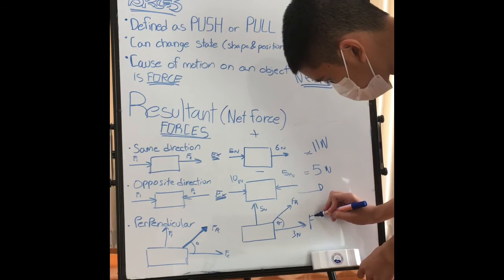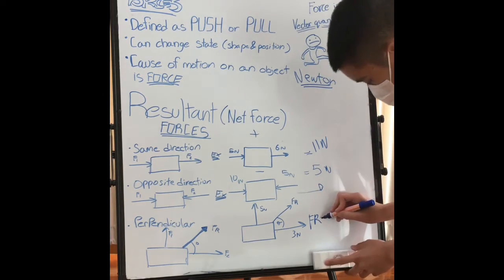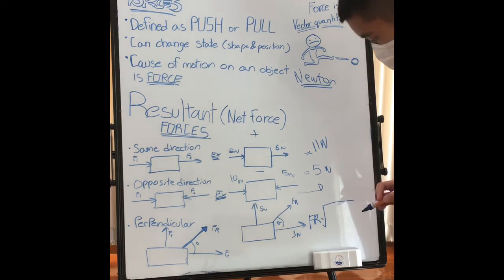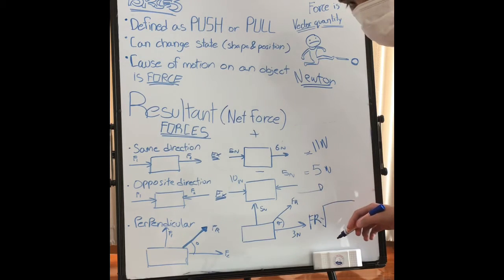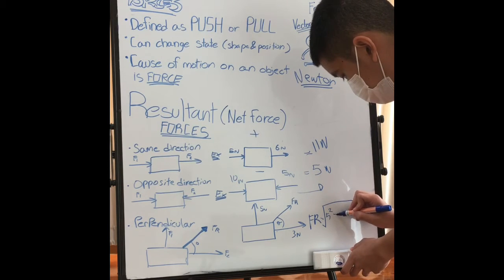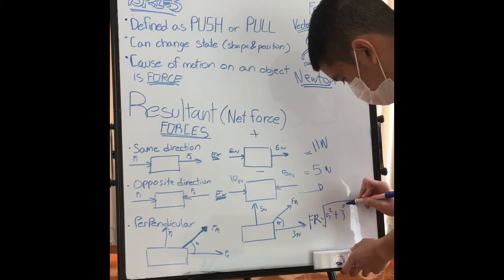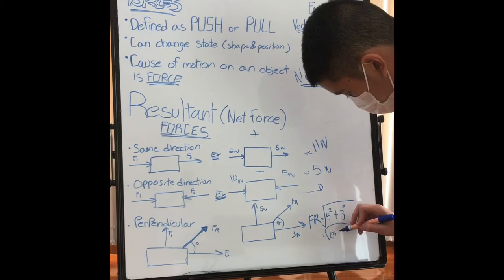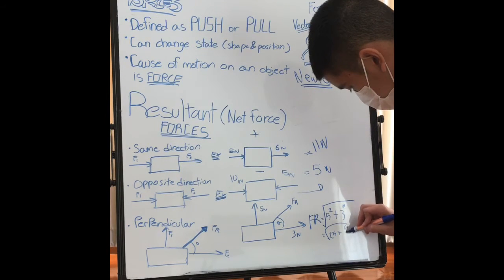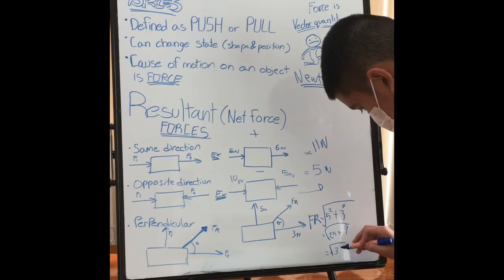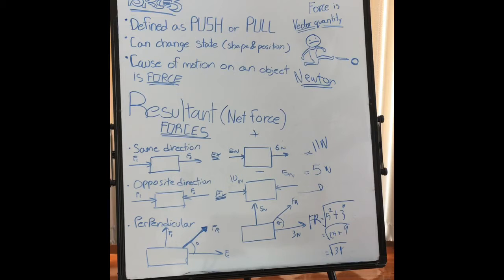So resultant force equals root of F1 square plus F2 square. My example is 5 square plus 3 square, so we get 25 plus 9. So it is root 34. So that's basically dynamics.